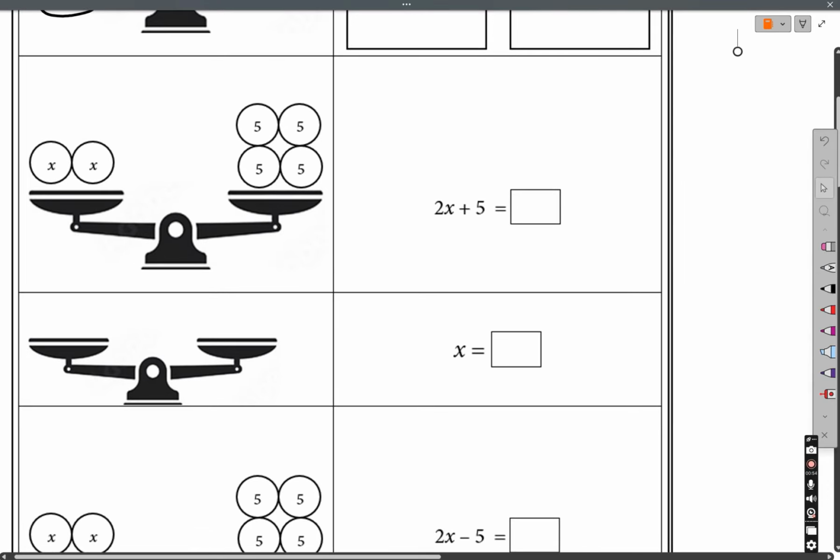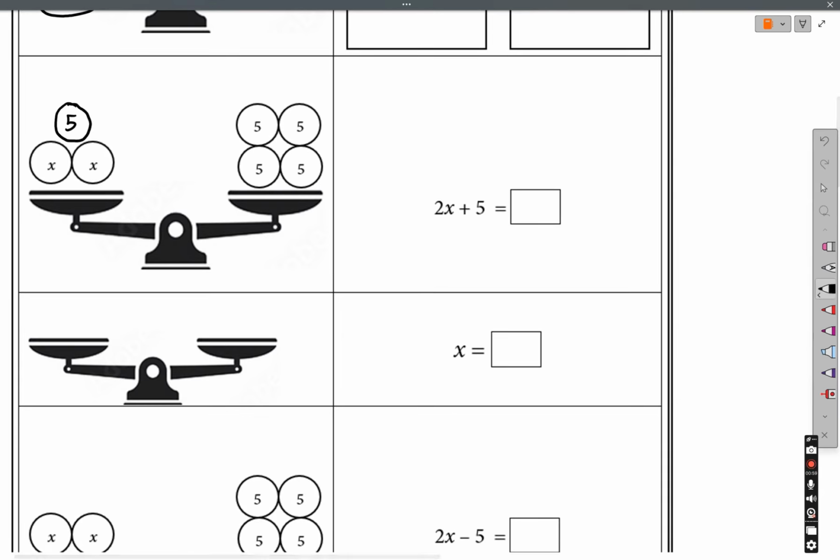Now if I add 5 onto the left hand side, and I don't add 5 to the right hand side, then the left hand side will be too heavy, right? So we have 2x plus 5 on the left, and the right hand side will be simply 20. So 2x plus 5 is more than 20, so it will not be balanced.